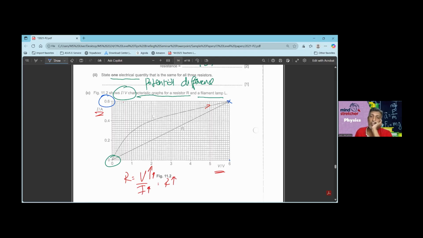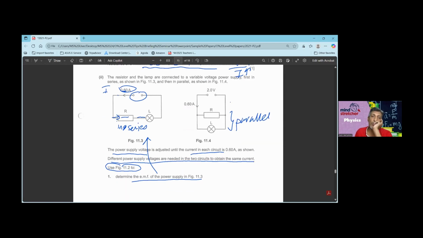So what is the voltage across that? The voltage across R is 6 volts, and voltage across L is also 6 volts. Remember in series, you must add it up.